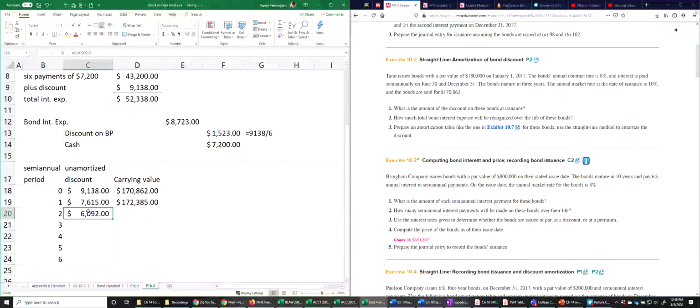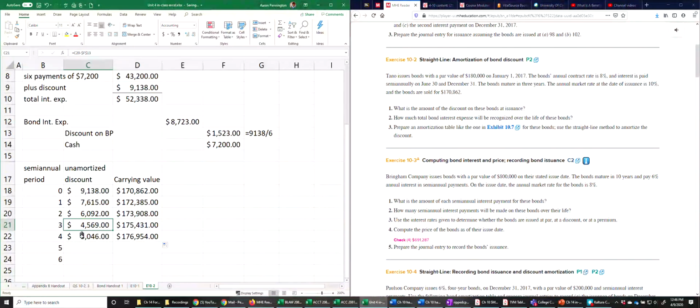And we've had our second bond interest expense. So the unamortized discount is 6,000, and the carrying value should increase by that amount, right? And that process repeats itself for the life of the bonds.